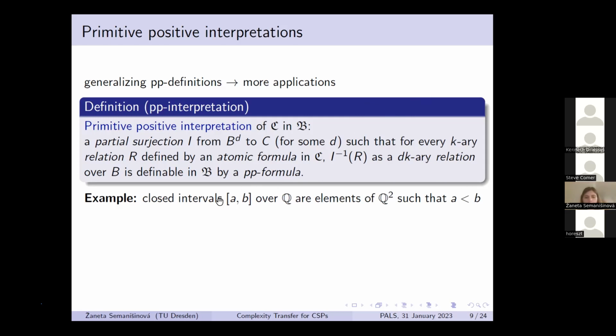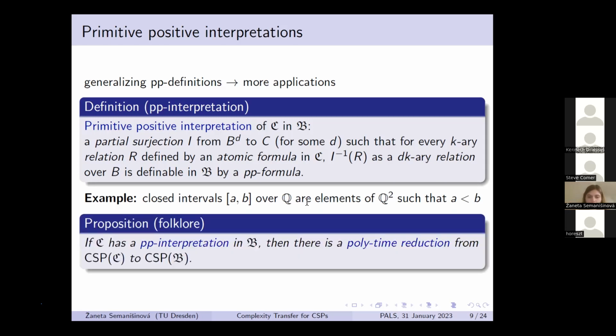And if I have some relations over these intervals, I would also like to be able to talk about this in terms of relations on endpoints. And why PP interpretations? Well, because there is a similar well-known proposition that if we can PP interpret one structure in the other, we can also polynomial-time reduce its CSP to the other.